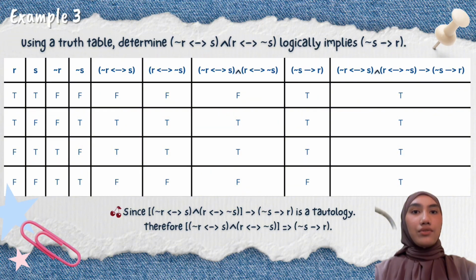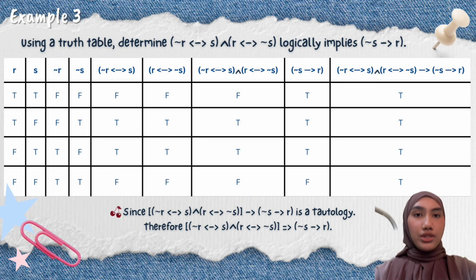Finally, we evaluate the entire implication: (not R biconditional S) and (R biconditional not S) implies (not S implies R). Finally, we got true, true, true, true. From the truth table, we can see that the final column is true for all possible cases of R and S. Therefore, the statement is a tautology.